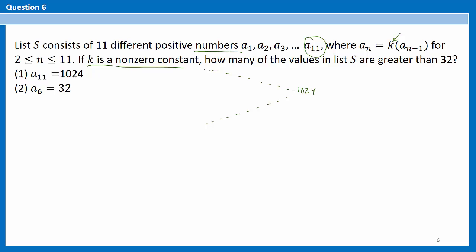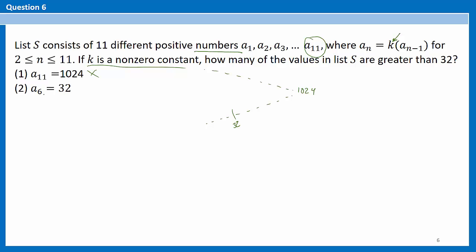Because if it were coming down towards 1024, all of the values would be greater than 32. There would be no chance for a number to be less than 32. But if it were growing, there might be a number after which every number would be greater than 32. So in statement 1, I need to know the value of k at least. So it's not sufficient.